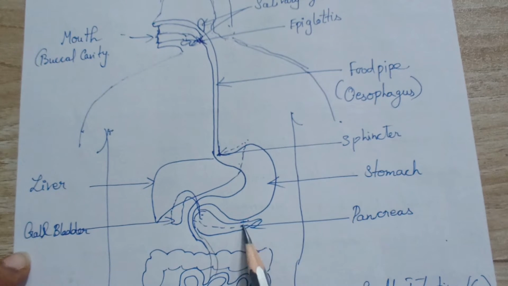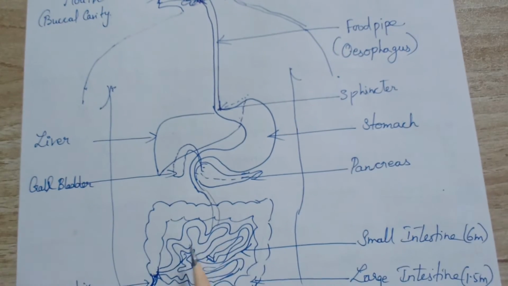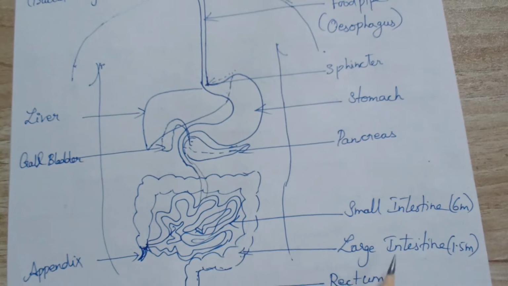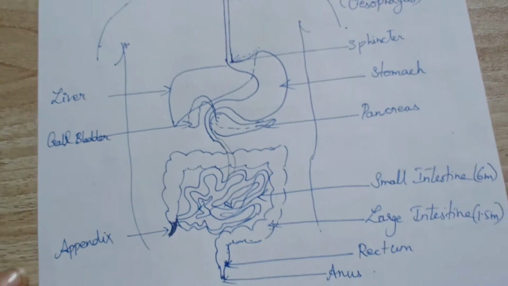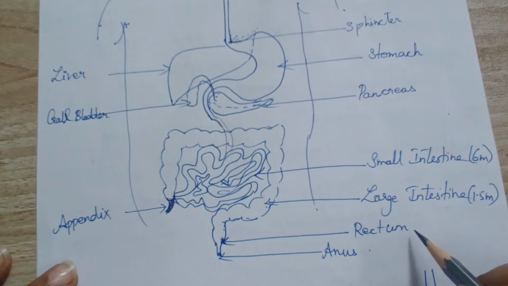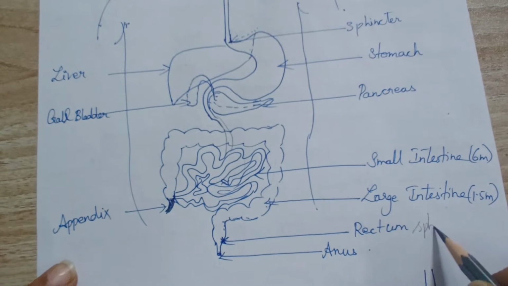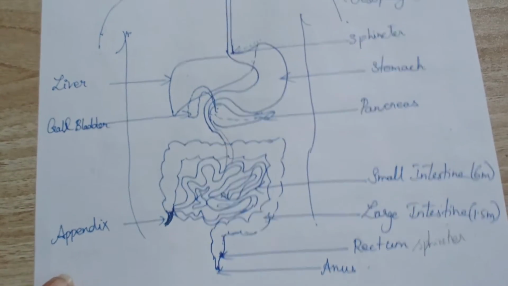This is your stomach, this is your pancreas, this is your liver, gallbladder, small intestine, and this is the large intestine. This is your appendix, and this is called the rectum, the last part of the large intestine before the anus. Again you will have a sphincter arrangement here, and this is your anus.